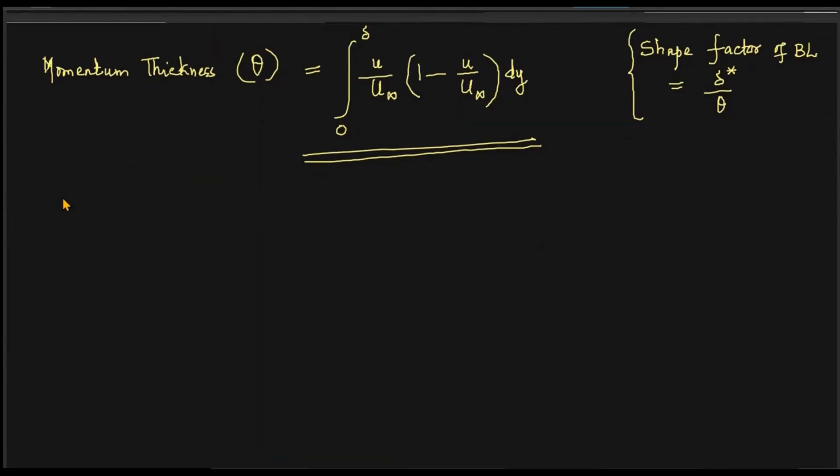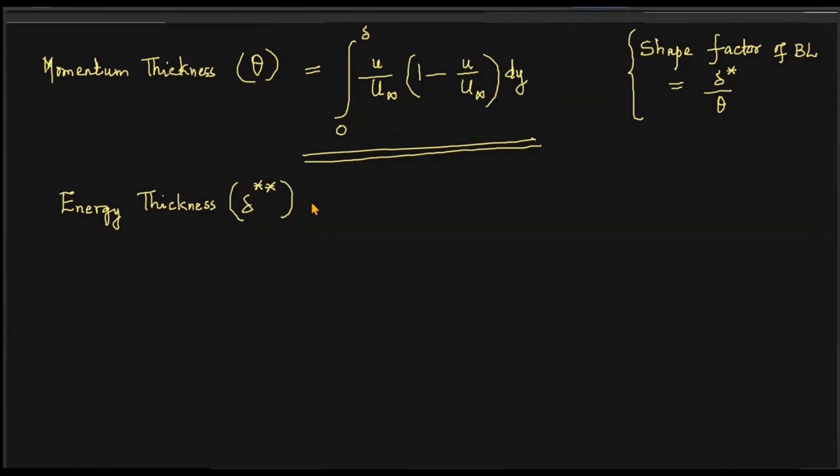Now the last one is energy thickness, and we defined it already. It is a distance for compensating the reduction of the kinetic energy due to boundary layer formation. So energy thickness delta double star represents the quantum of energy loss.